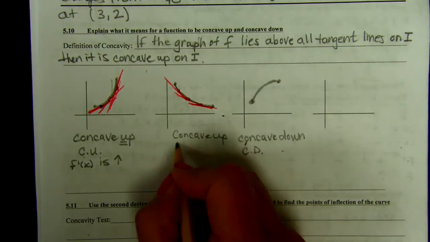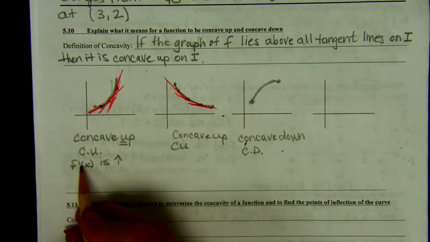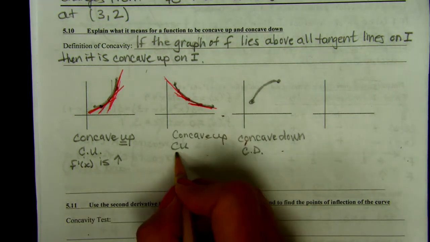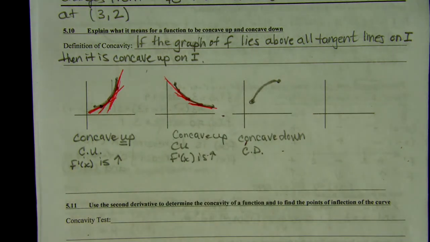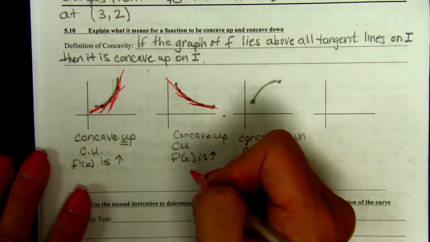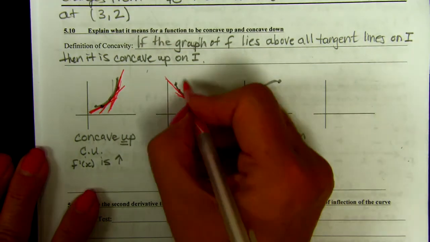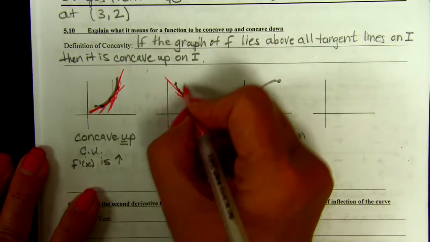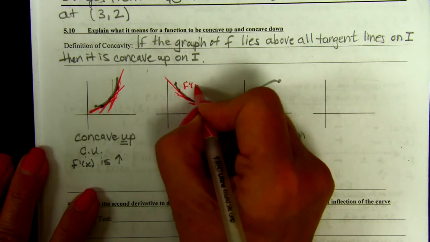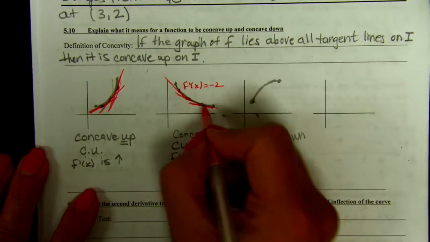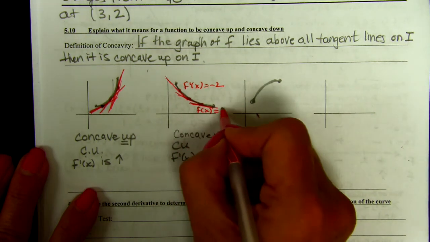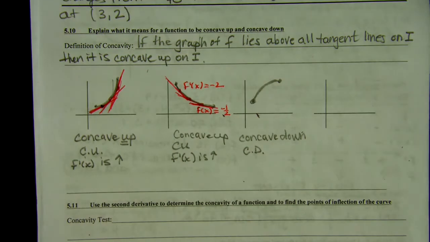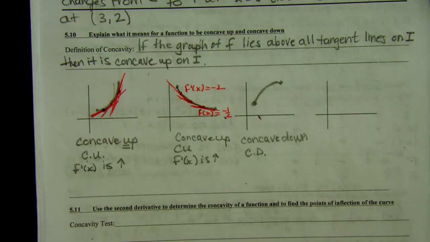Now, is this still true? Is the derivative increasing there? Yes, it is, and let me explain to you why that is so. The derivative is increasing because over here, where it's maybe a little bit steeper, f prime might be -2. But down here, where it's not so steep, f prime might be -1/2.